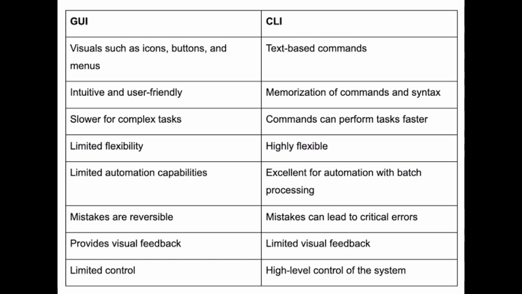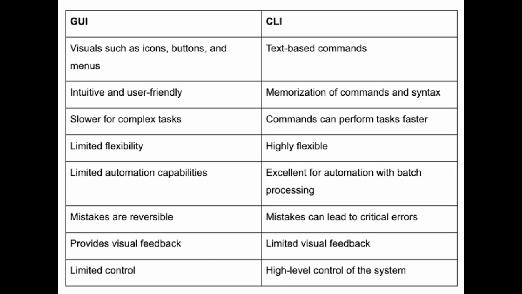For navigation, it's easy to navigate with GUI, but navigation is a little bit difficult with CLI. For precision, GUI is slower, but CLI has high precision, very fast. Just type what you want and press a command to bring out the result very fast. In terms of speed, GUI is known for low speed, while CLI is very high in speed.